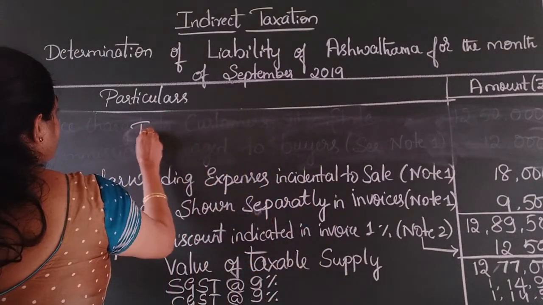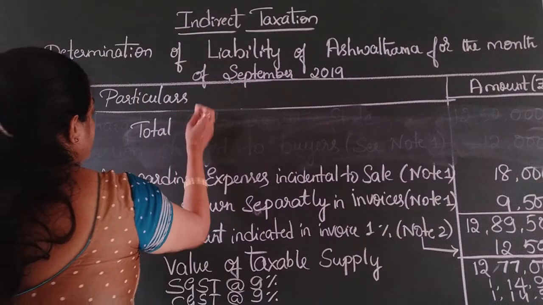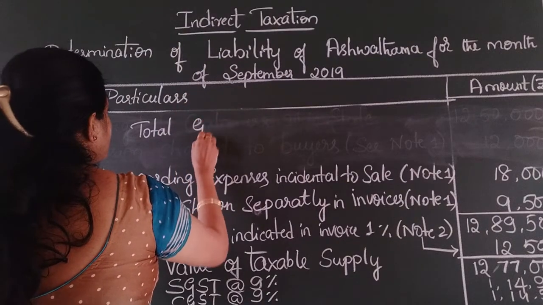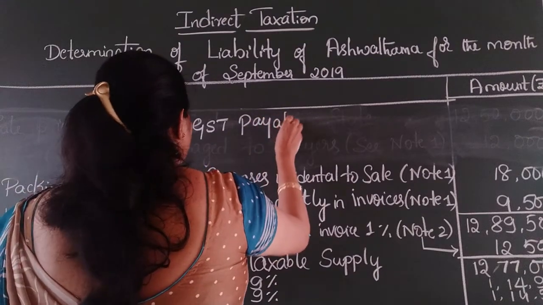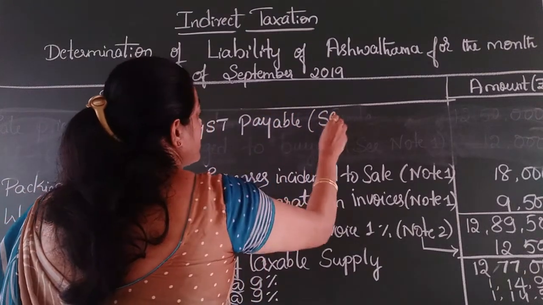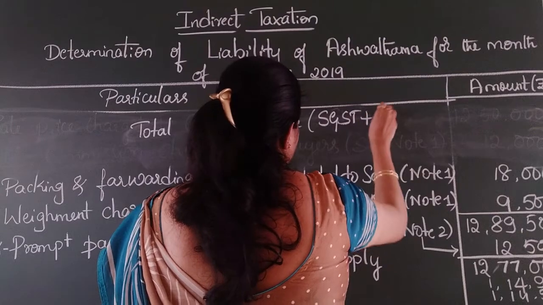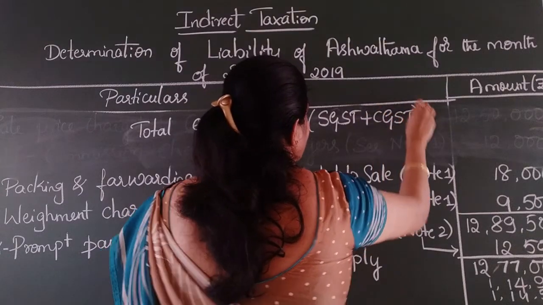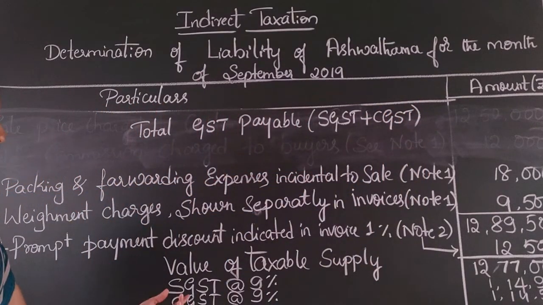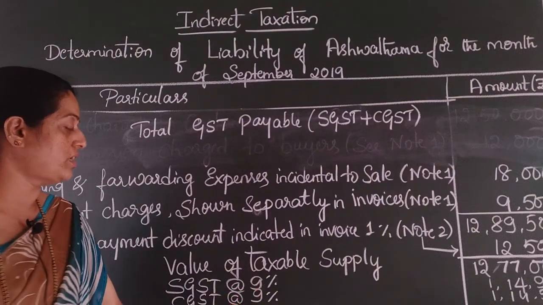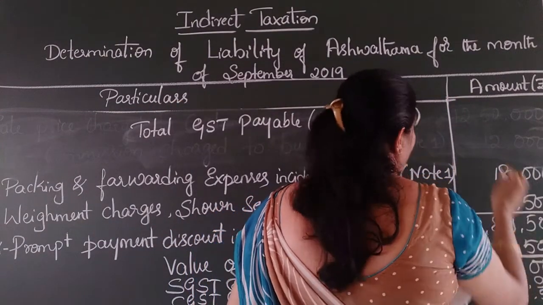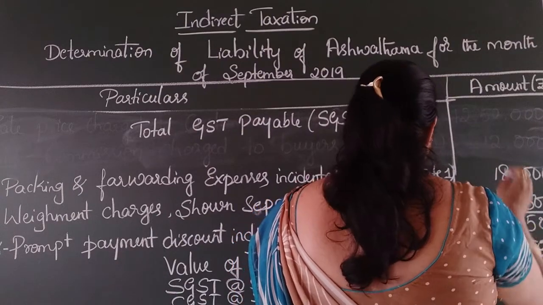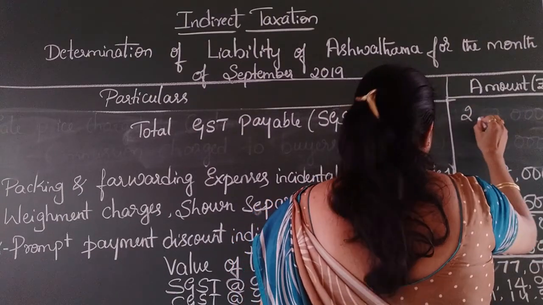So the total GST payable is SGST plus CGST. SGST 9%, CGST 9% are given in the problem. We need to add that amount. So 1,14,930 plus 1,14,930.